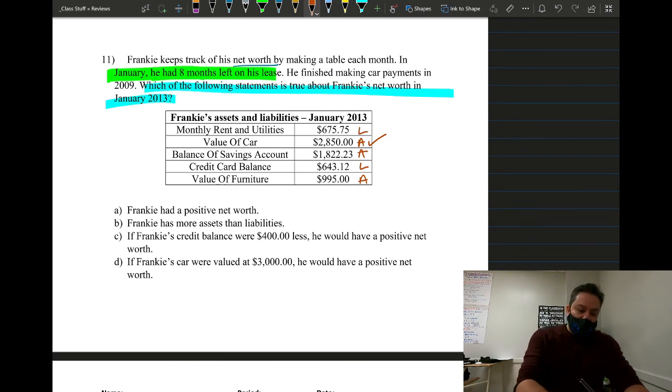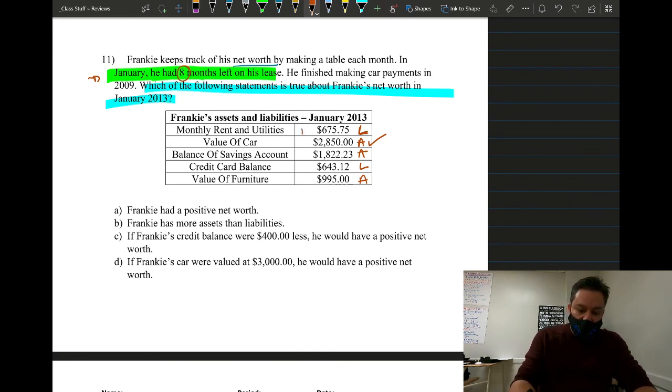Now, if I look back at this green highlighted section right there, it says that he has 8 more months to pay for the lease. This is going to be only a monthly thing, $675.75. If I need to know how much he's actually going to have to pay out for his lease, what do I have to do?